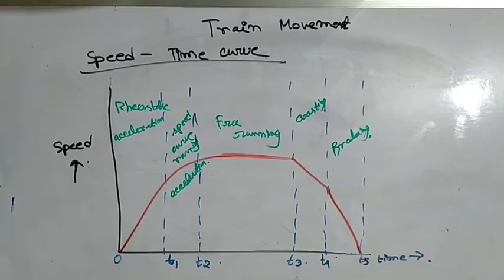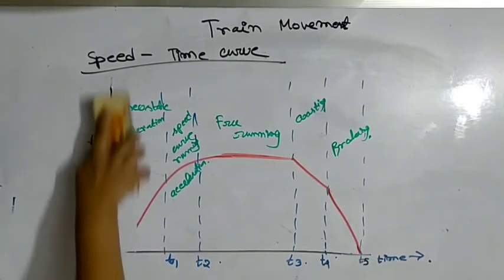Mainline service is characterized by a long period of free running at high speed, and the accelerating periods are unimportant as they are short compared to the total run of the train. For suburban trains running on level track, the coasting retardation is approximately 0.16 km per hour per second.